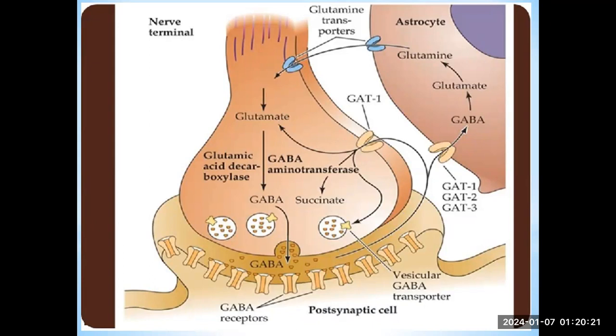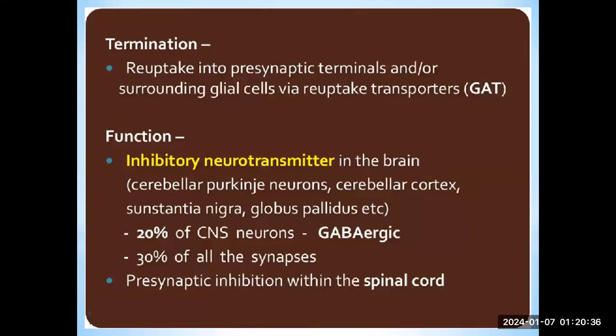And glutamine is then carried back to the nerve terminal, and this cycle keeps on repeating. Termination of the action: reuptake into presynaptic terminals and or surrounding glial cells via reuptake transporters.